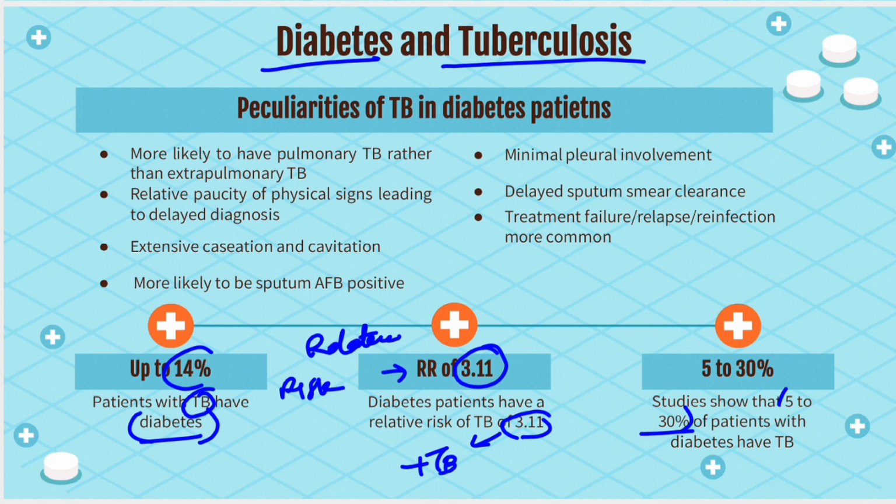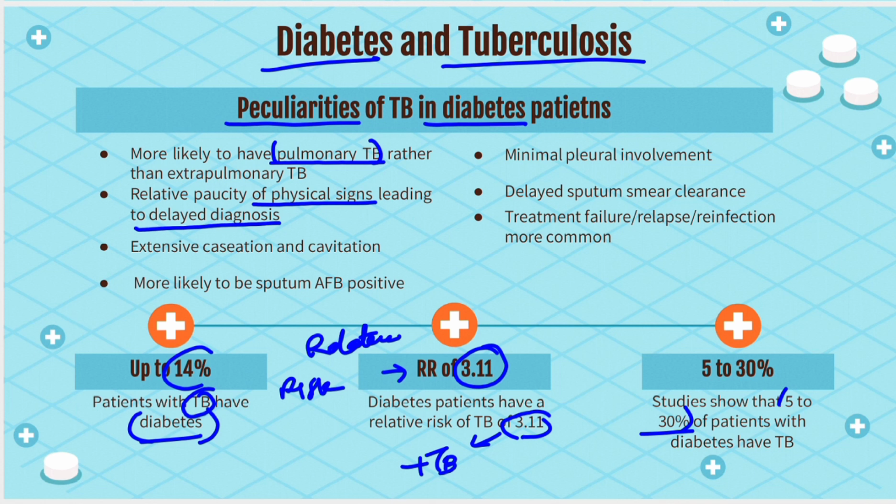There are a few peculiarities of TB in any patient with diabetes. Any patient with diabetes usually develops pulmonary TB as compared to extrapulmonary TB, and in such patients with TB they show very few or delayed physical signs, and due to this there is delay in the diagnosis of TB in any patient with diabetes.